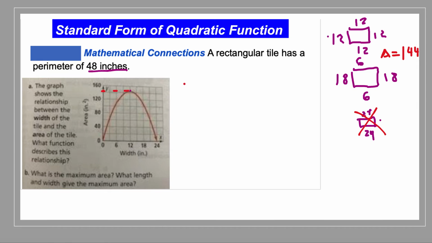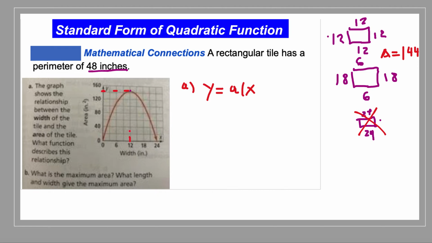And if I want to describe this function, what is it going to be? y is going to be equal to a, which is the factor of vertical stretching or compression. I know it's a, but I don't know what this factor is. And here is x, and h is moving to this point.